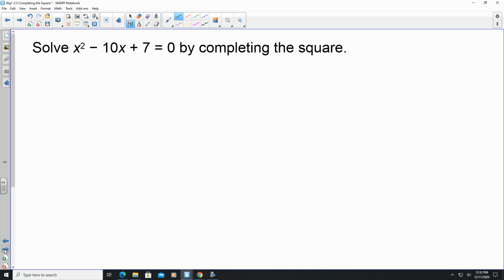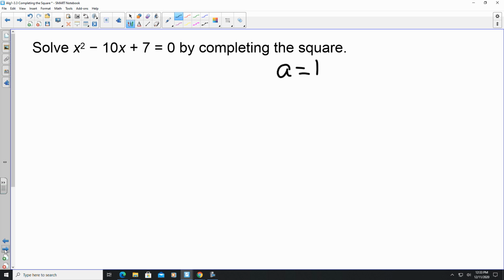Now, anytime you are asked to solve an equation by completing the square, there are a couple things you have to take a look at. The first thing you have to make sure of is that a equals 1.